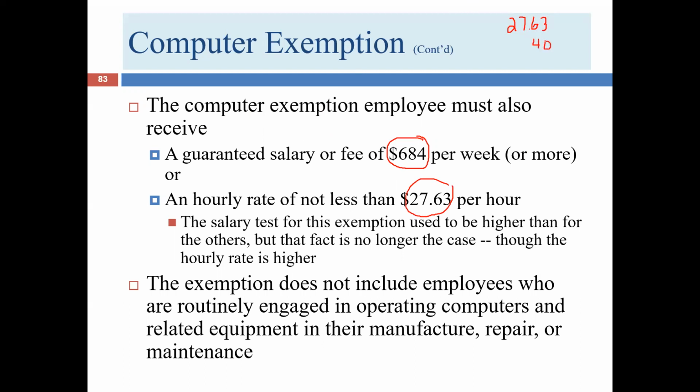We multiply it by 40 hours, and we can see that the person would earn a little over $1,100 a week. So we do have that hourly rate that is higher than this. So it's one or the other. In other words, a guaranteed salary of this amount or an hourly rate.